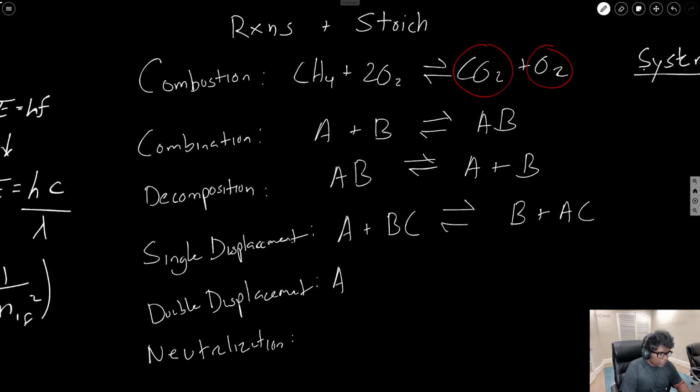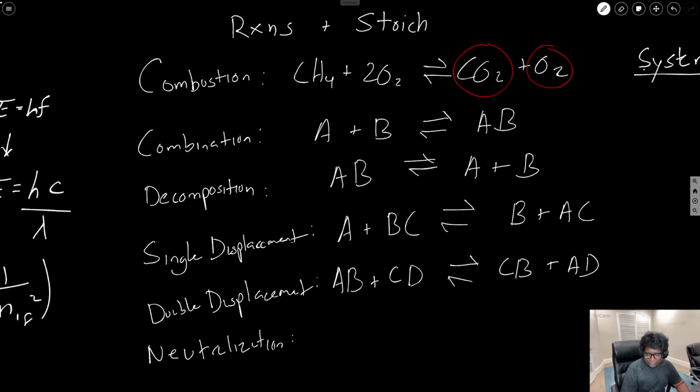Straightforward. Double displacement, AB plus CD gives CB plus AD. And neutralization, this is something you guys probably don't know, right?